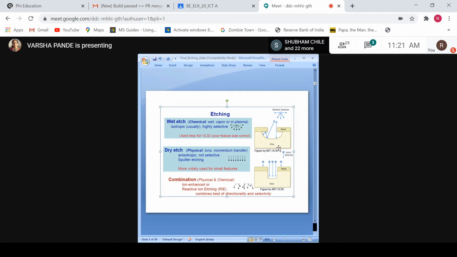That particular solution will etch equally in all directions, vertically as well as horizontally. Because of this, the mask will not etch in that solution, but the layer below the mask, which is protected, will get etched, which we don't want. Therefore, the accuracy is not that good.